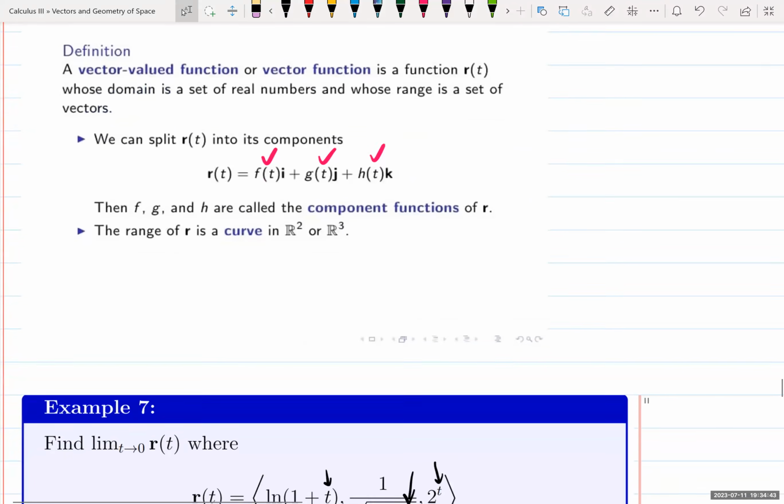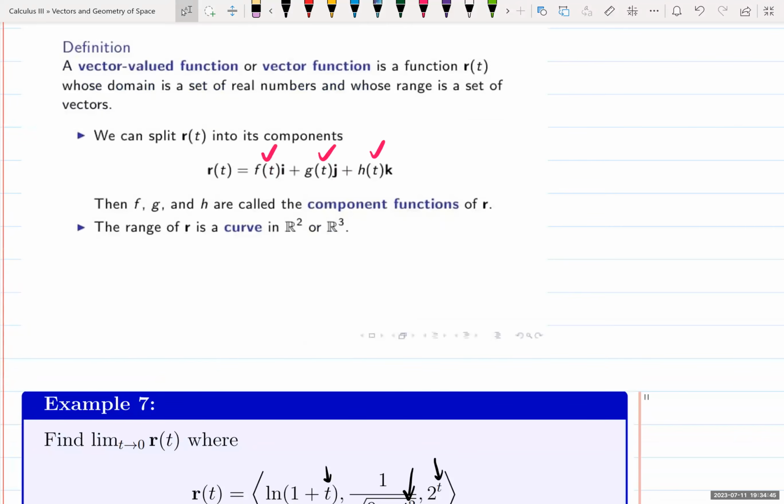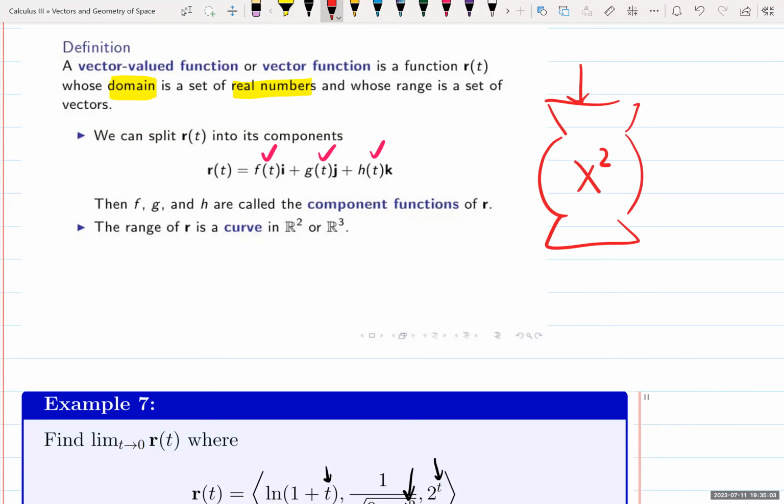The vector valued function, or vector function, is a function which has a domain. Domain means it takes in real numbers, swallows them, but spits out vectors. How cool is that? Any kind of function is a machine, like x squared: you drop in some numbers and it takes out numbers. So domain and range, swallow and spit out, right?